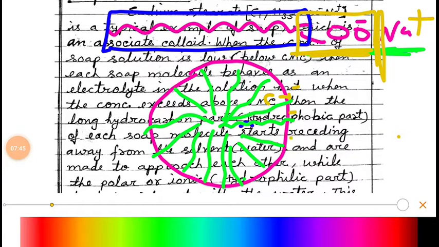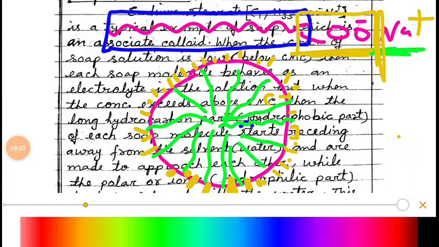So COO minus, minus, minus, minus like this, all the soap molecules everywhere this minus comes, and this micelle which is formed is fully negatively charged. On the surface of the micelle overall the negative charge develops, and as a whole it forms a micelle.